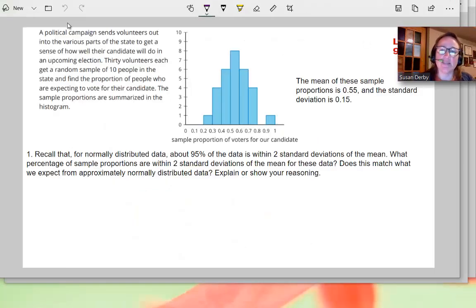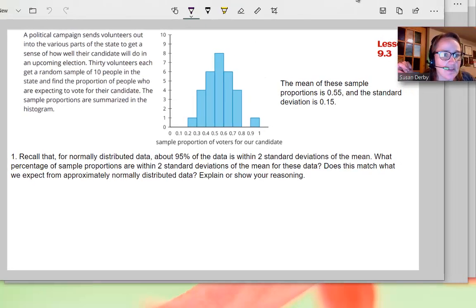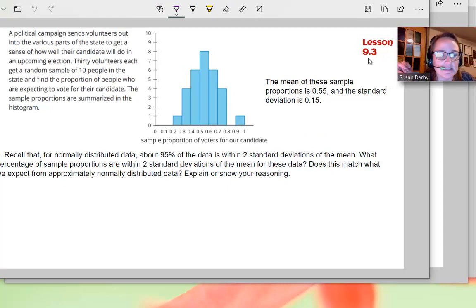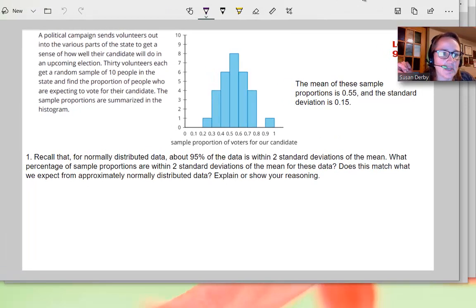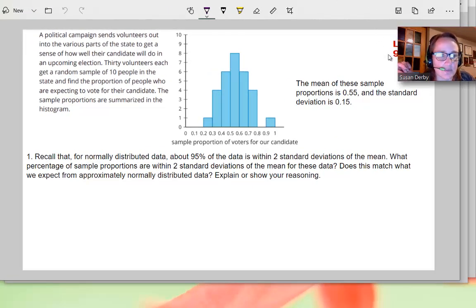So here is an example we're going to look at from our lesson, and I know my image is kind of covering that up. If you have the lesson printout, we're in lesson 9, section 9.3, so you might want to follow along with me.